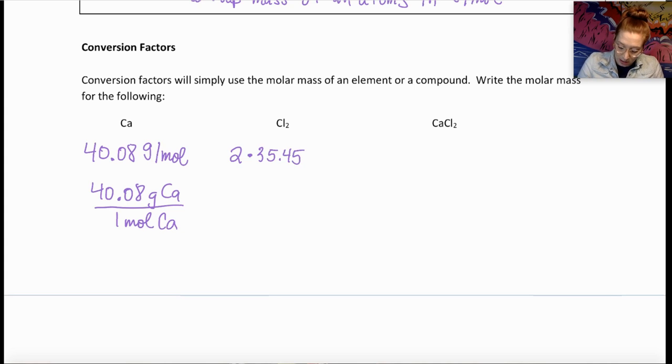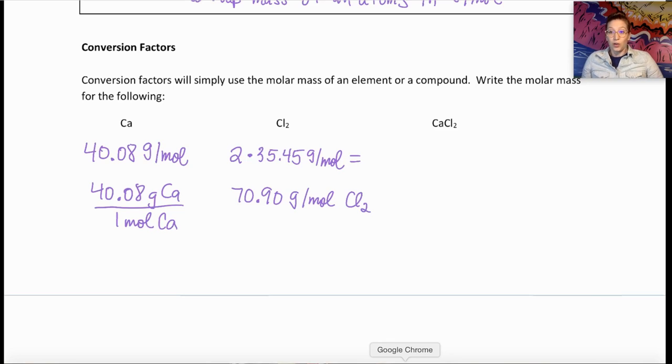Let's go ahead and put a unit on that, grams per mole. So my molar mass of Cl2 is going to be 70.90 grams per mole for Cl2.